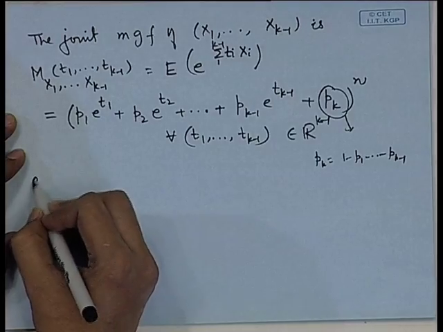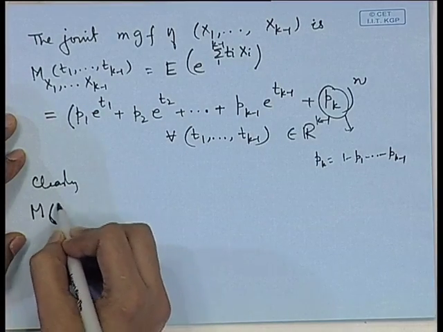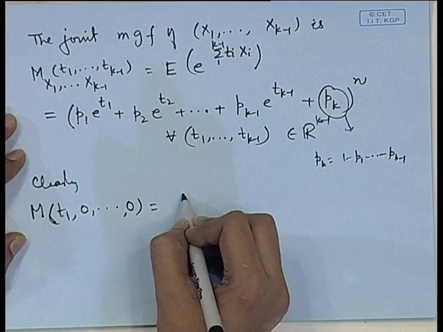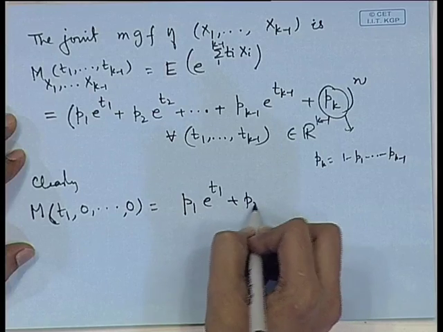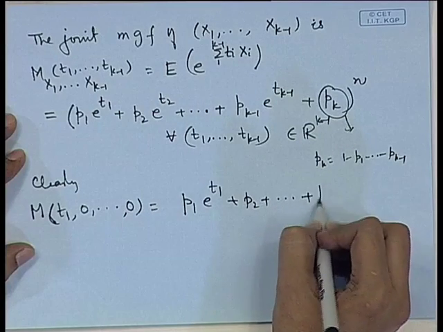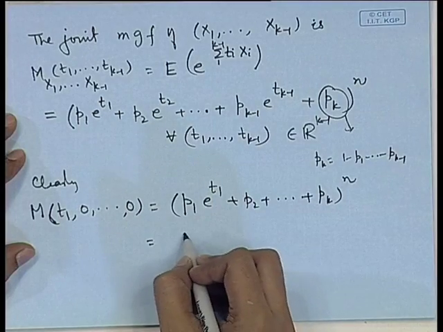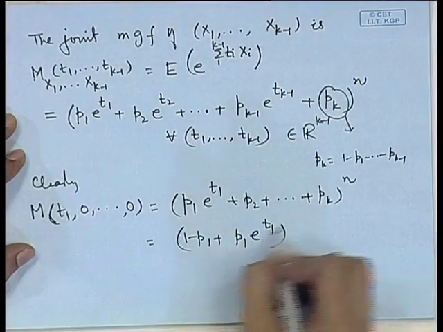So, clearly we can see that M at t 1, 0, 0, 0 is equal to p 1 e to the power t 1 plus p 2 and so on plus p k, to the power n, that we can write as 1 minus p 1 plus p 1 e to the power t 1, to the power n.